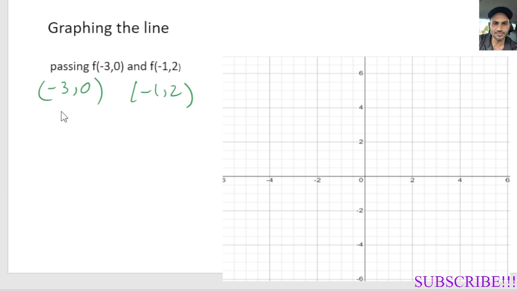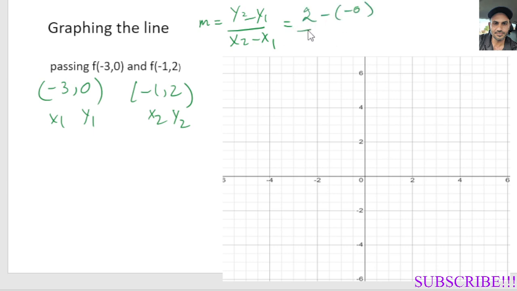So this is your x1, the corresponding y value is y1, this is x2, and this is y2. Now we calculate the slope, m, y2 minus y1 over x2 minus x1. y2 is 2 minus y1 is 0.